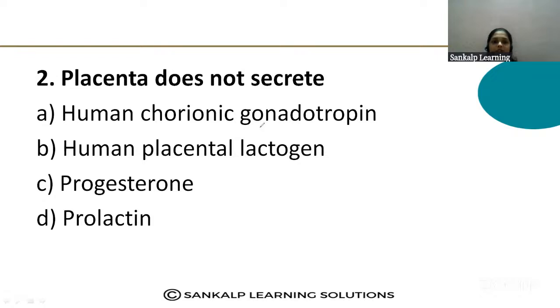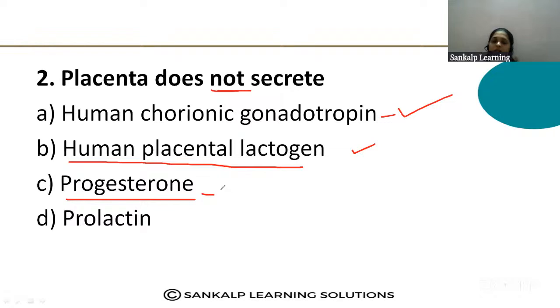Human chorionic gonadotropin is released by the placenta. Human placental lactogen is also released by the placenta, and progesterone and estrogens are also released by the placenta during pregnancy.